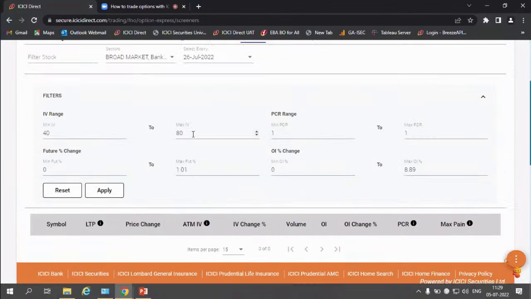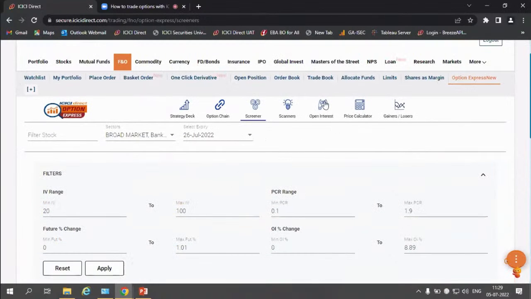At the moment it's not showing any numbers, so let me put this as 20. Minimum PCR of 0.1, max PCR of let's say 1.9. It's not showing any numbers at the moment. Let me come back to this again.